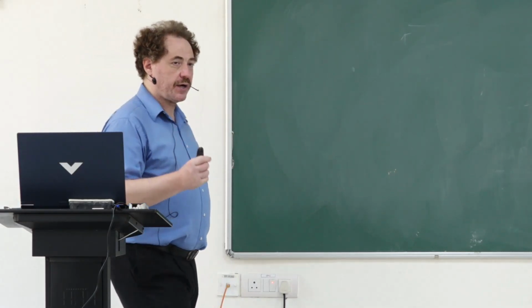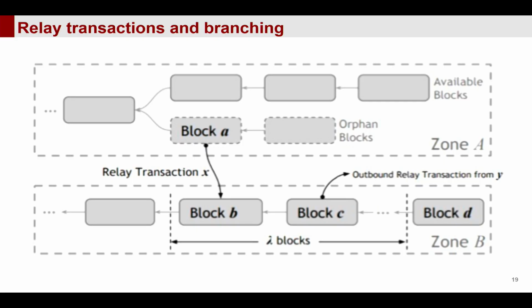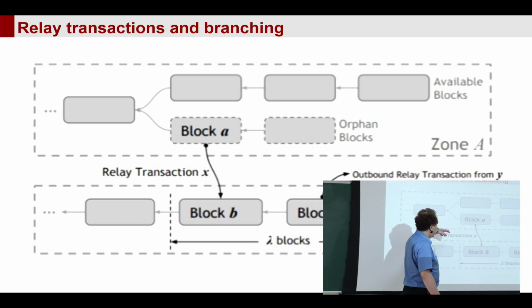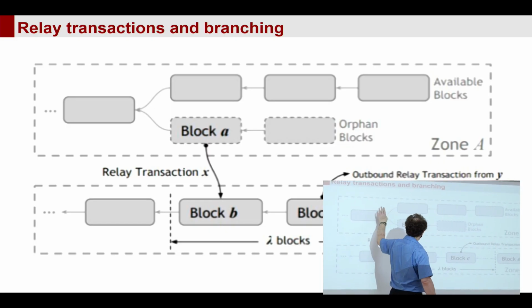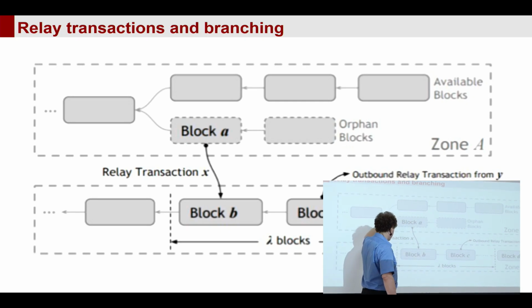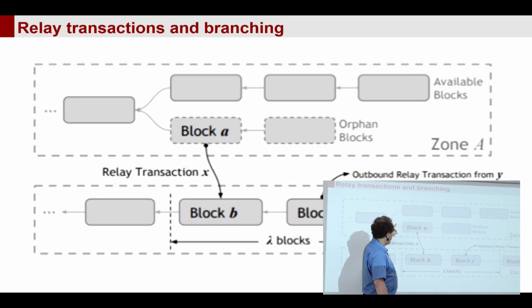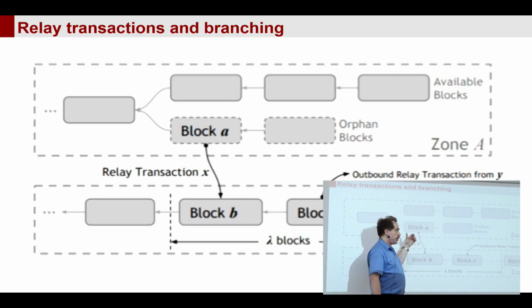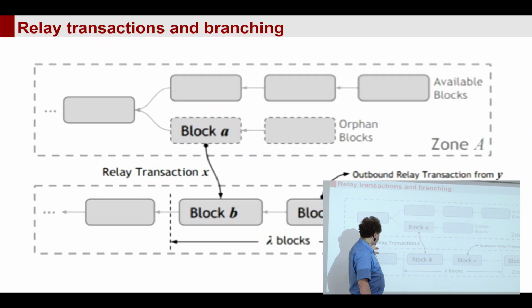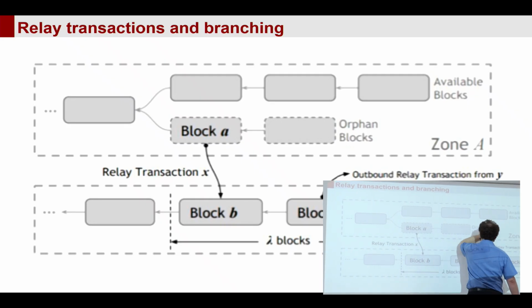Now there is an interesting complication that arises from branching, because each shard may have its own branching. You see what happens here? Initially there was a block A in zone A, and that block included a cross-shard transaction that transferred funds to zone B. You see there is a relay transaction here. But later, a different branch overcomes this.